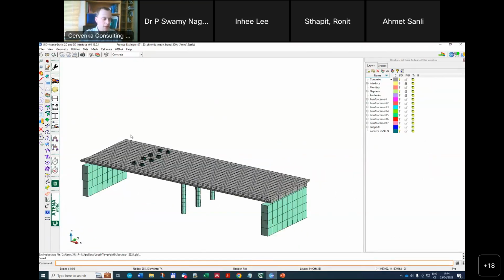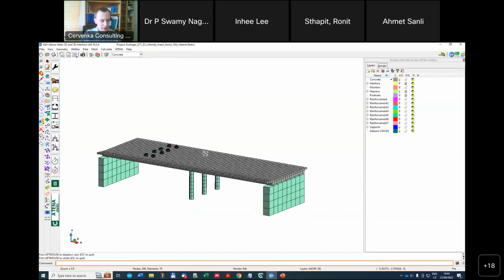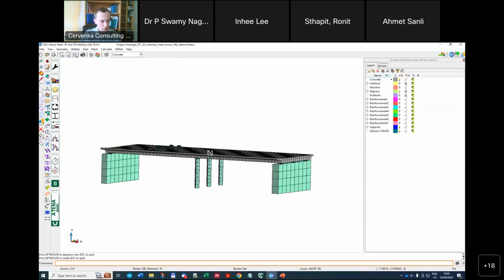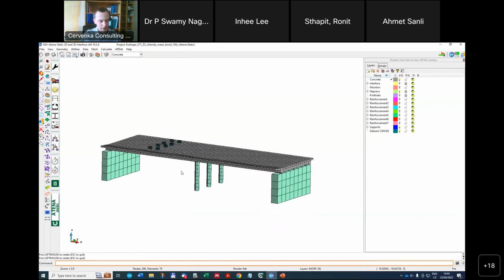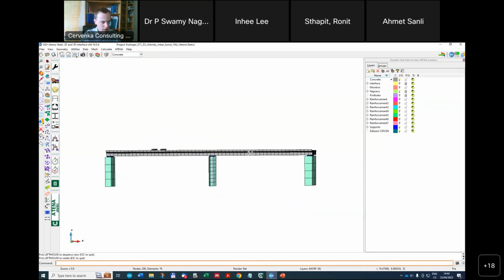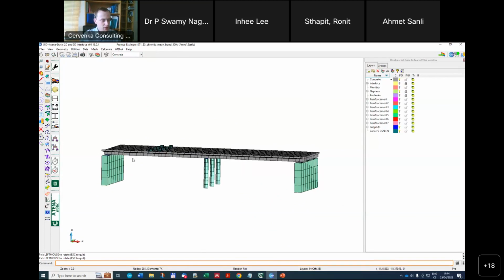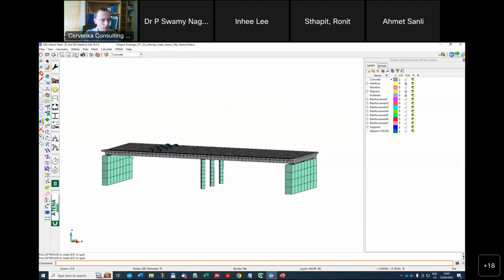So in here we are looking at a model of a quite simple bridge structure. It has two spans. The span is about 11 meters in this case, I think.